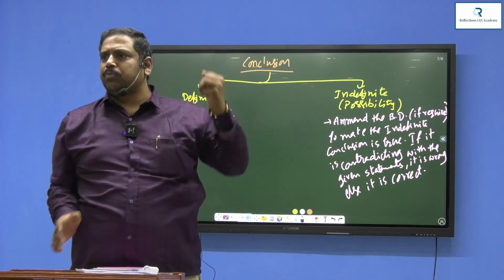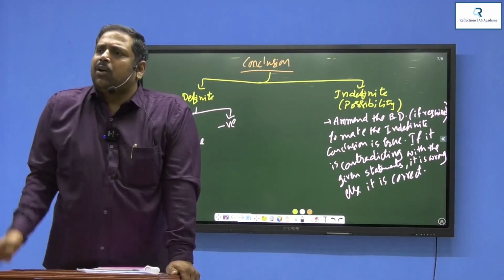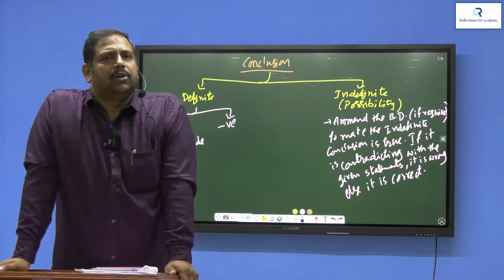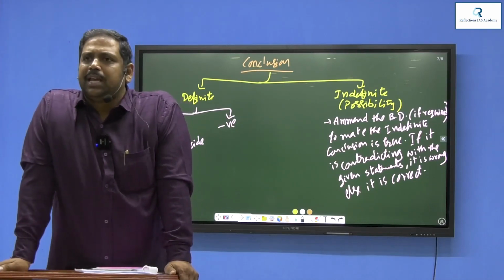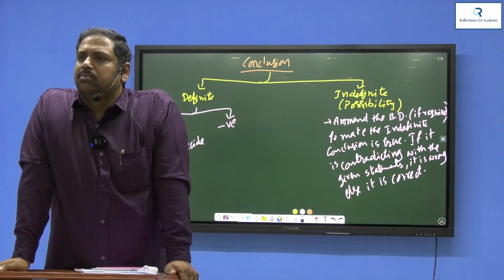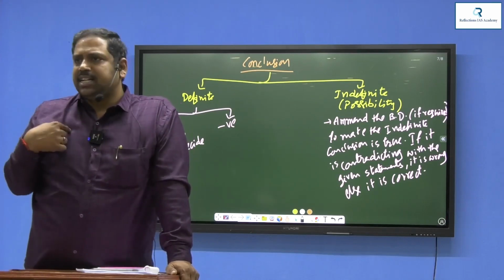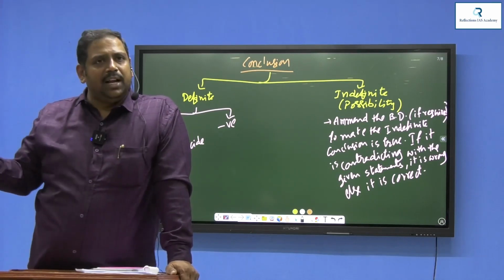So many things I have to show. Instead of that, I will say that he is a good boy. If he fails, automatically he is a bad boy. Yes or no? Means I have taken the contradiction. If the contradiction failed, that is correct.